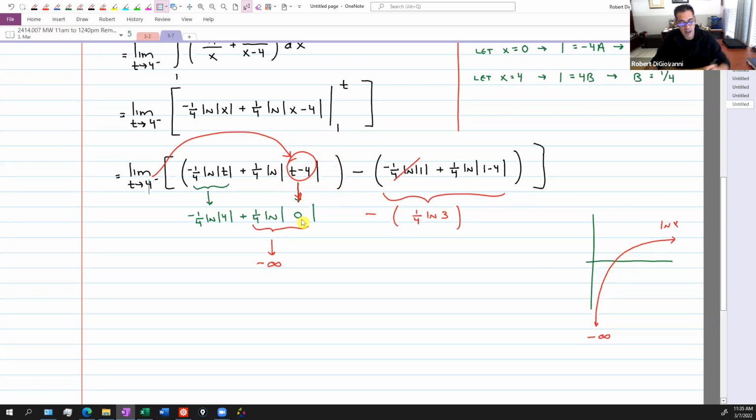I know that that's headed to 0 in the limit, and that whole expression then in the limit would be headed to -infinity. This is just a number. So I have a number plus -infinity and then minus a number over here. So that's -infinity, and that's divergent.